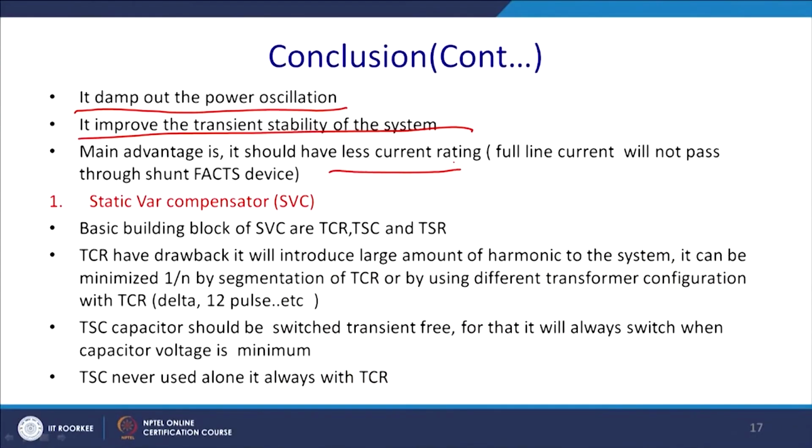The main advantage of this shunt type FACTS device is that it should have a lower current rating. It only sees the fraction of the current rating required to compensate the reactive power. That is the biggest advantage of the shunt devices: the cost will be less.